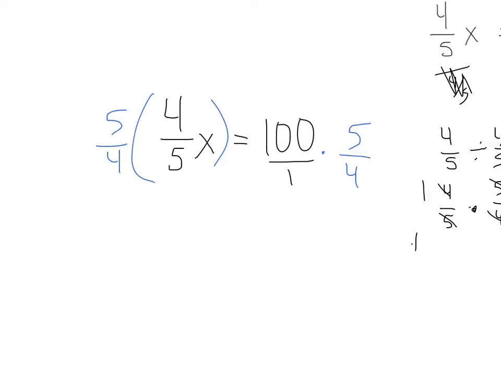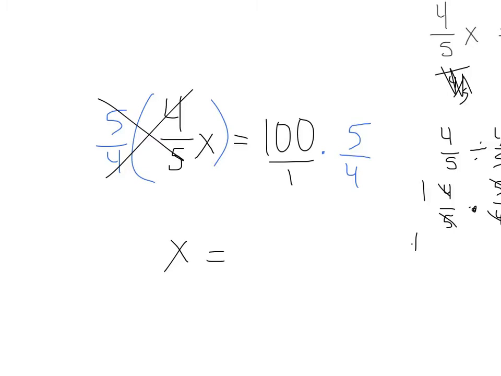We're multiplying by the multiplicative inverse, so that this guy goes away or becomes 1. So here's what I do. I know that if I draw it out and do the long multiplication, 5/4 times 4/5 is going to equal 1. I just go like this. Cancel them both, and it leaves me with x. All right, that's the shortcut there.